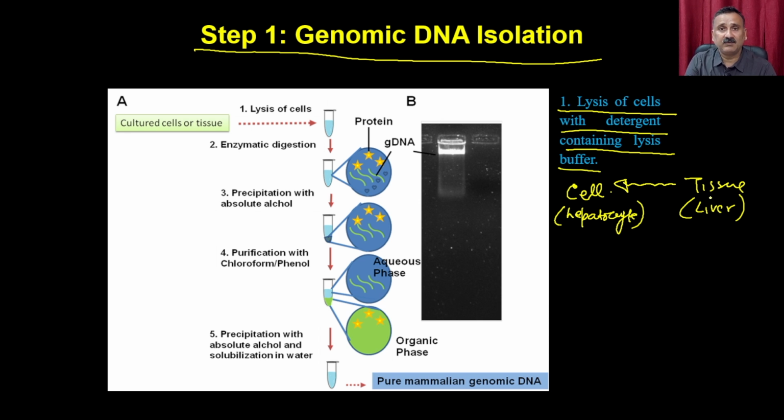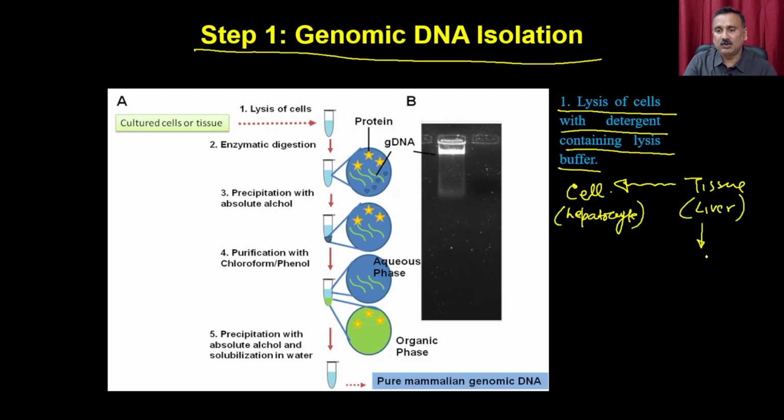Tissue is made up of different types of cells. So, what you are going to do is use enzymes which can dismantle the intercellular spaces. For example, you can use an enzyme called collagenase. If you treat the liver with collagenase, which is an enzyme that degrades collagen fibers, you know that most of the cells stick to each other because they have a matrix in between, and this matrix is made up of collagen or collagen-like material.